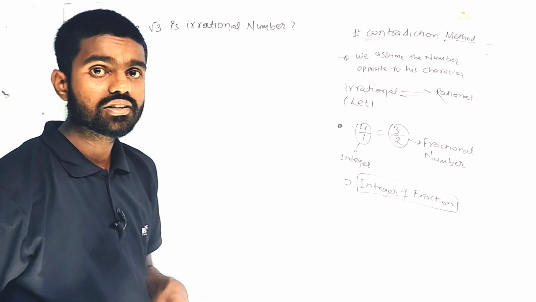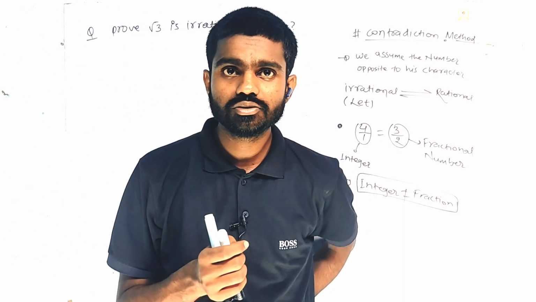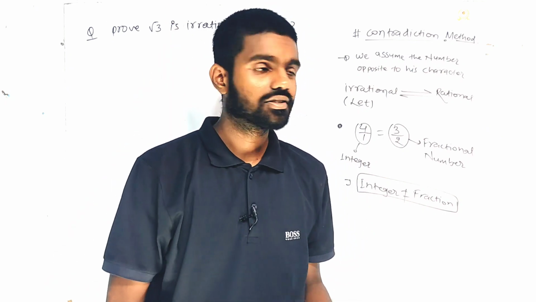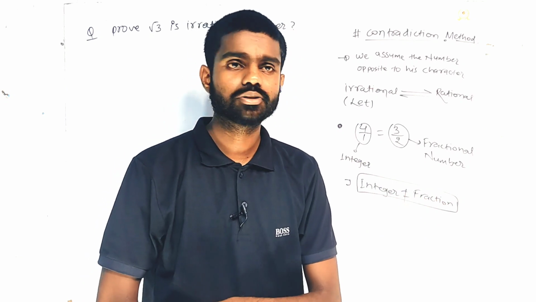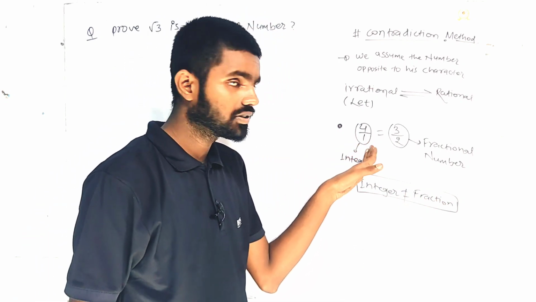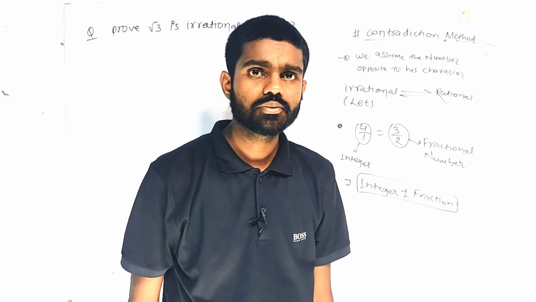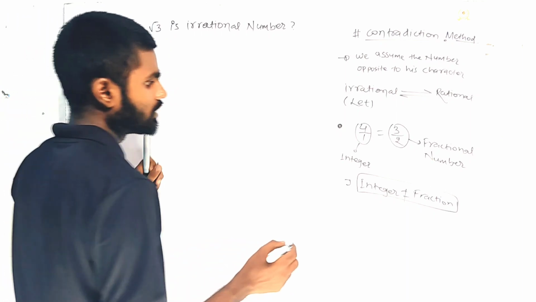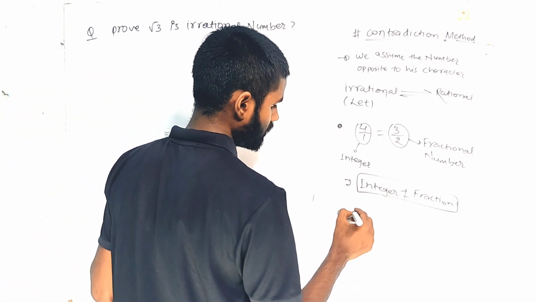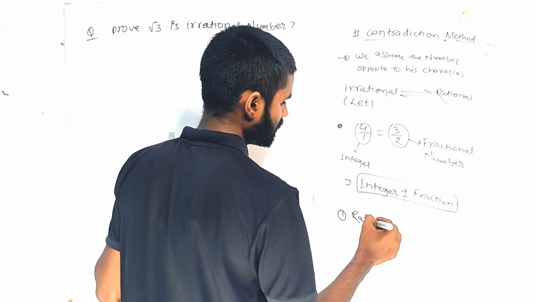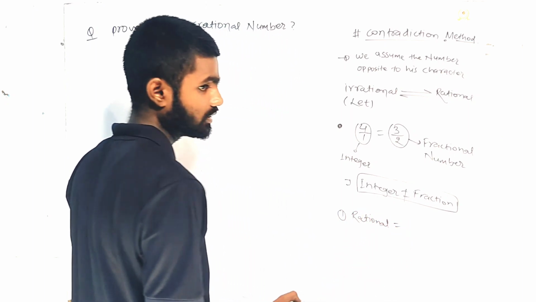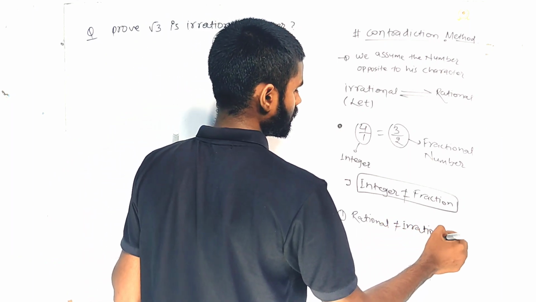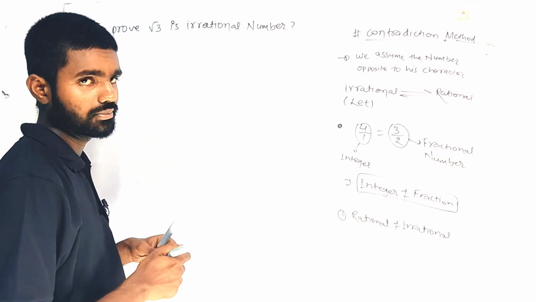If we see anywhere an integer is equal to a fraction, then we can say this is wrong, because its denominator is 1 and the other's denominator is q, so it will not be equal. And one thing, rational numbers and irrational numbers are just two sides of real numbers. A rational number will not be equal to an irrational number. So these are two results of the contradiction method.